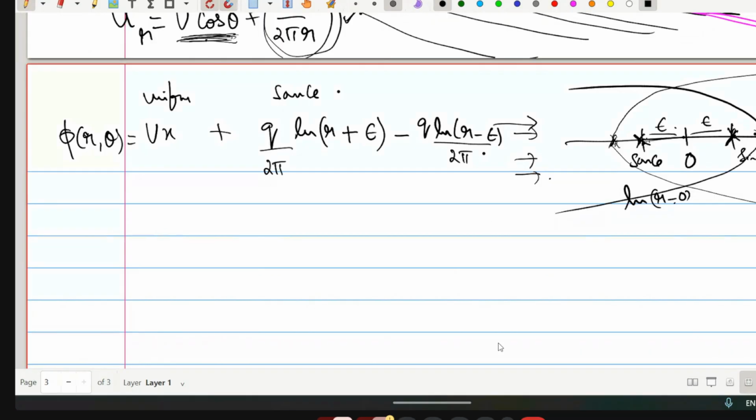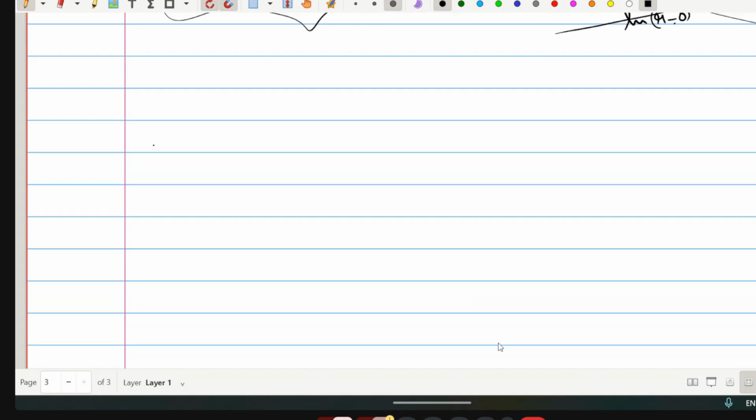Okay, so now this together will look like an oval. You have a uniform flow, you put your source here and your sink here, this is your 0, and this is your epsilon distance.